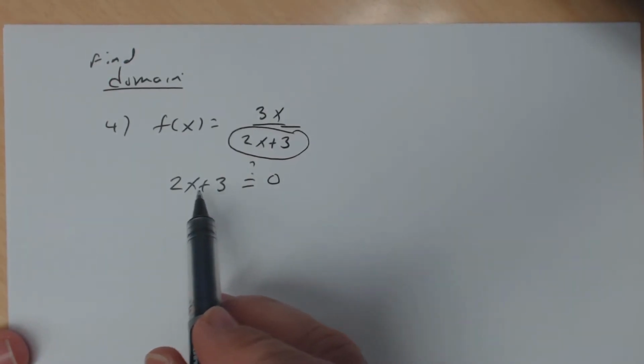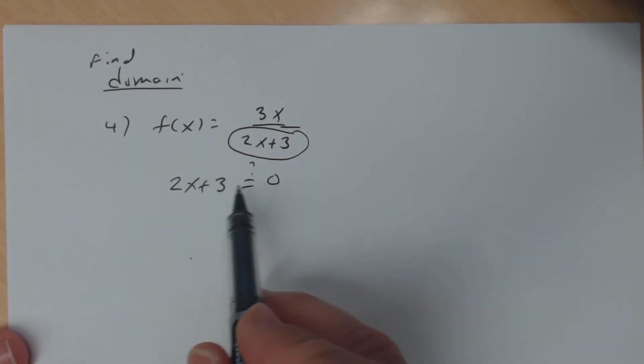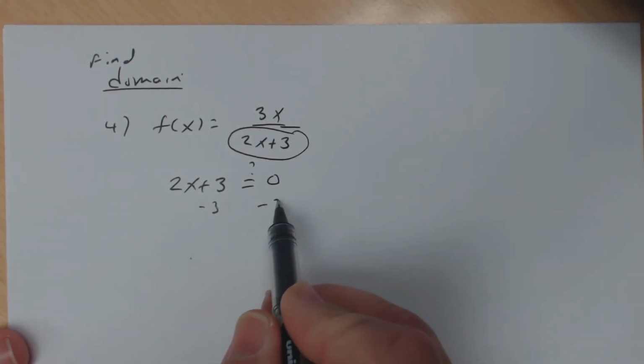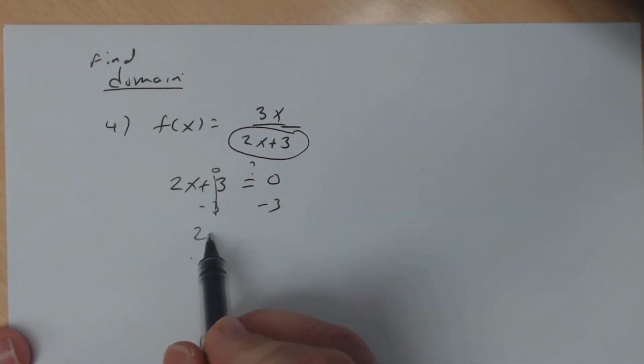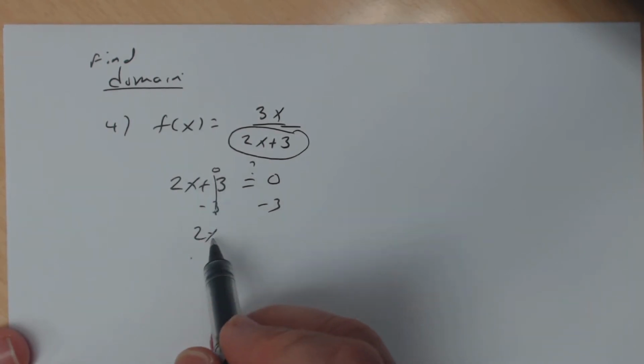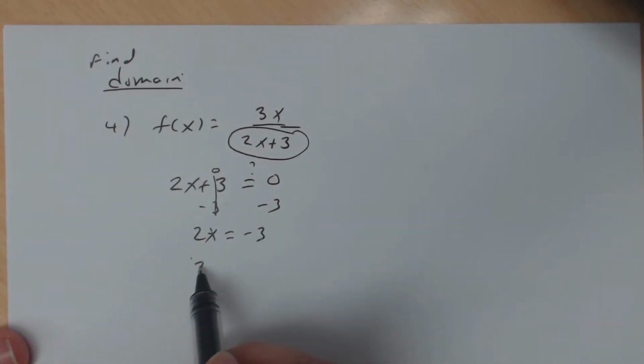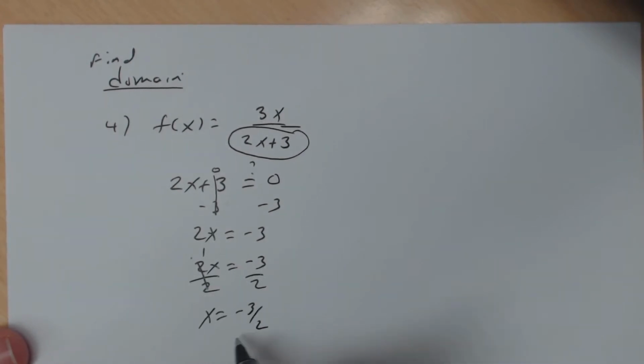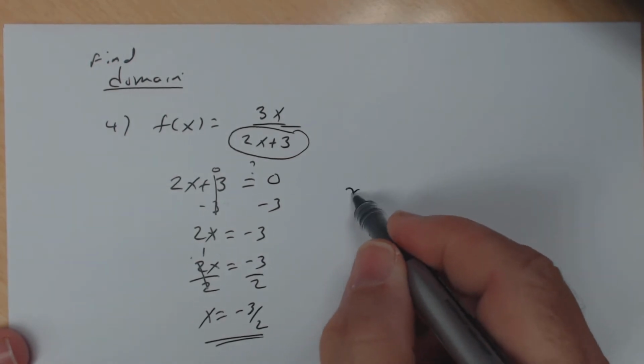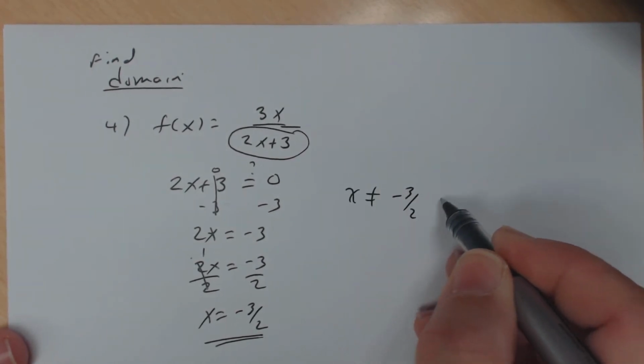Notice that this is a linear equation. You subtract 3 from both sides and get 2x equals -3. To get x by itself, you divide both sides by 2, and I get x equals -3/2. So you found your restriction. x cannot equal -3/2.